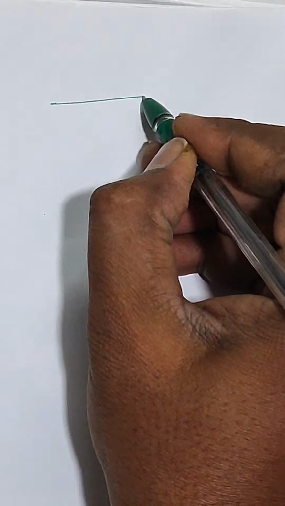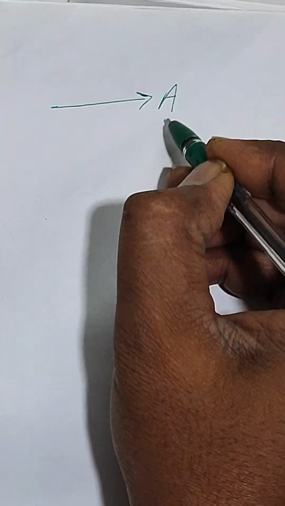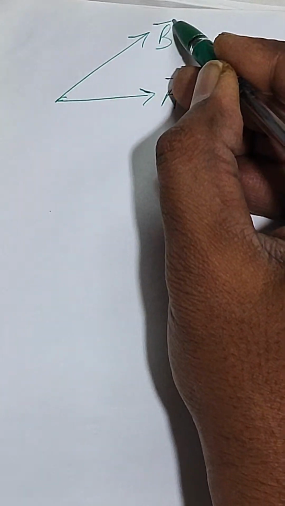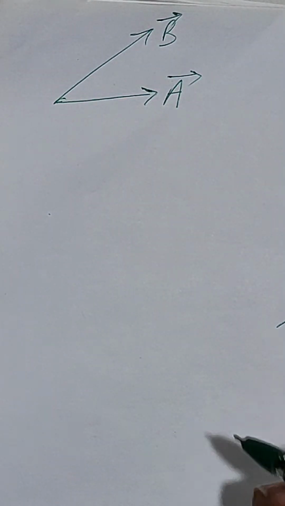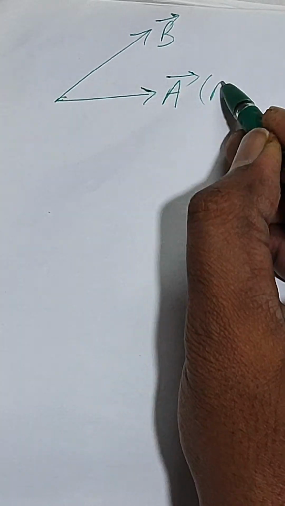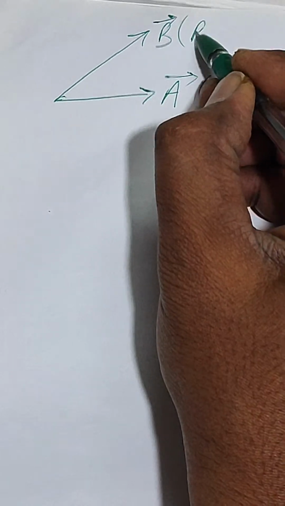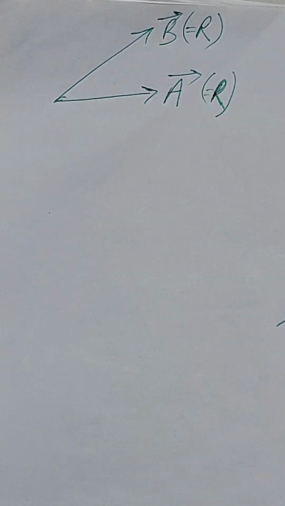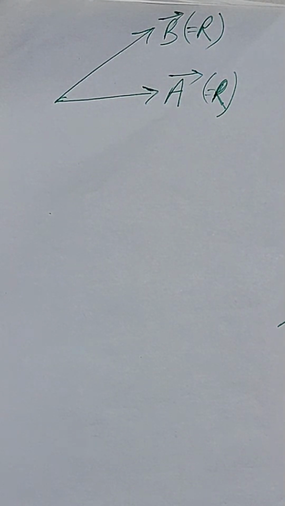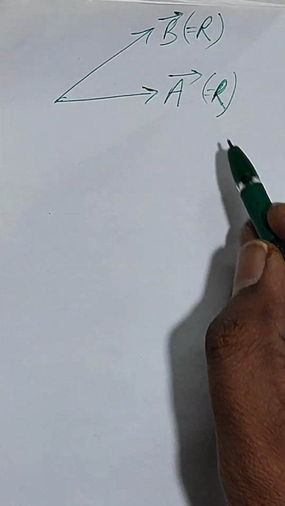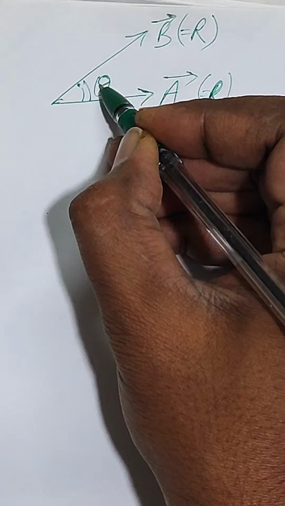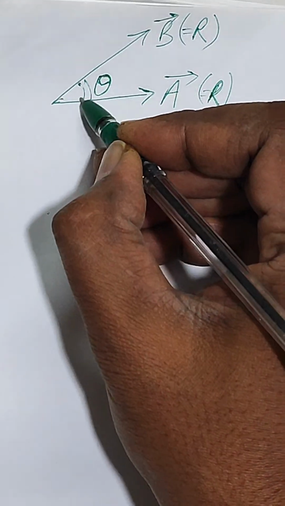So this is vector A, and let us say this is vector B, and both have equal magnitude r. Magnitude of this vector is r. They are inclined to each other at an angle of theta. So the angle between them is theta, right? This is given to you.